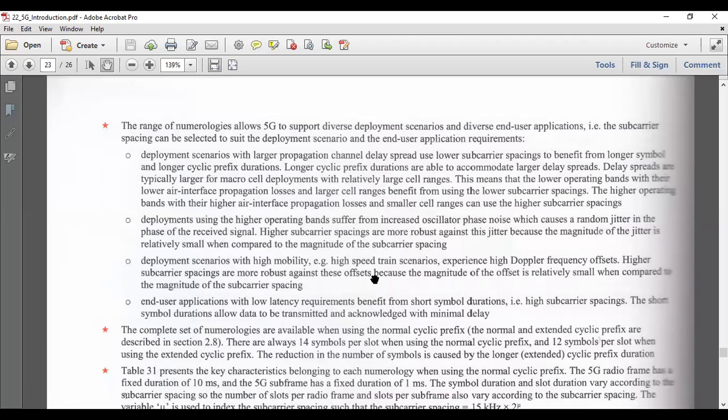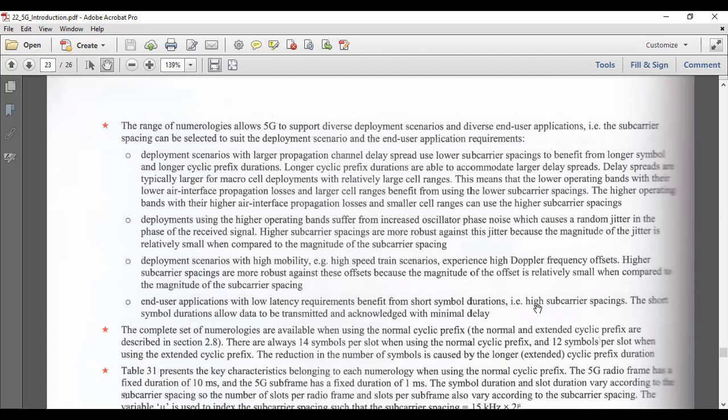Doppler frequency, these are not very important. Low latency requirement for short symbol duration is also not a very common requirement.